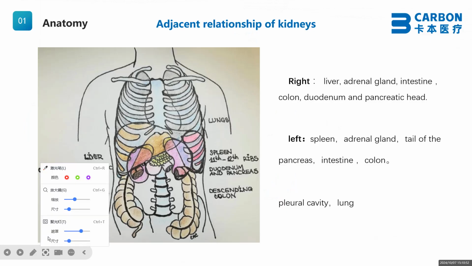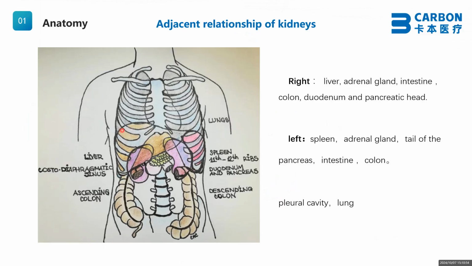You can see here is the liver, adrenal gland, this one, then both right and left upper pole of the kidneys, and the pancreatic head here, the duodenum and the ascending colon here. Or for the left kidney, there is the spleen and descending colon, then adrenal gland, also the tail of the pancreas.